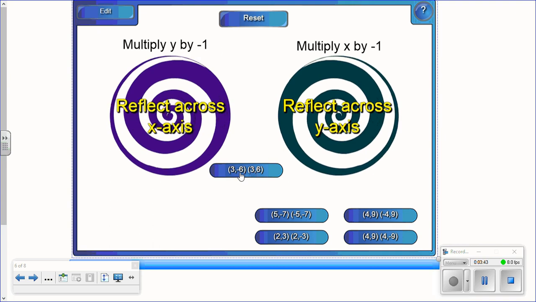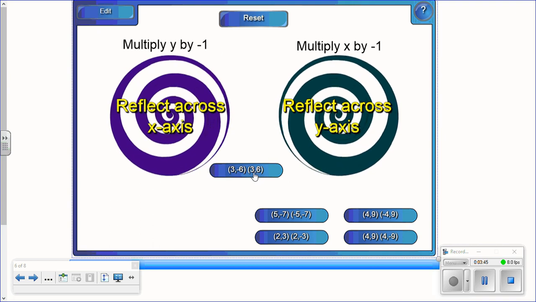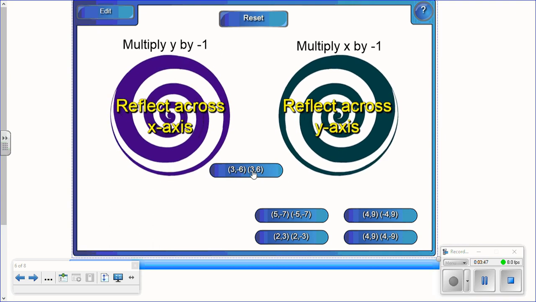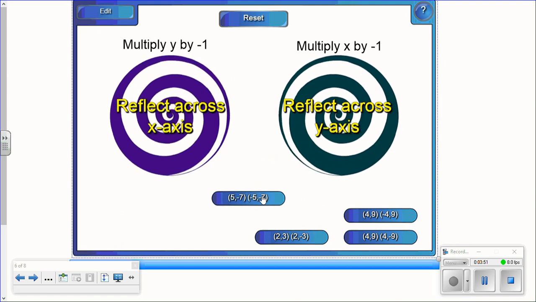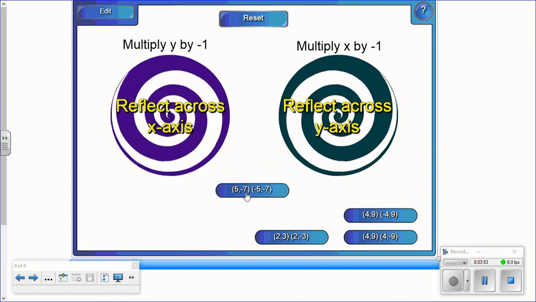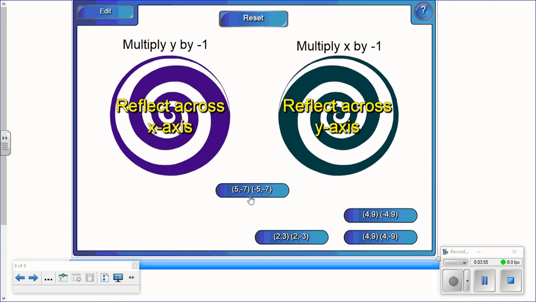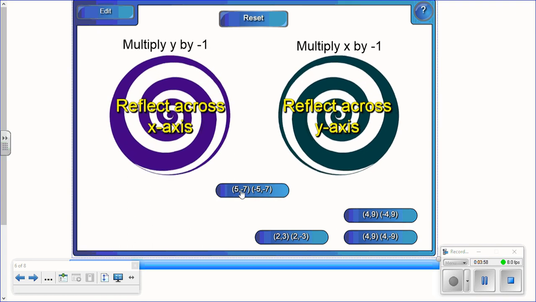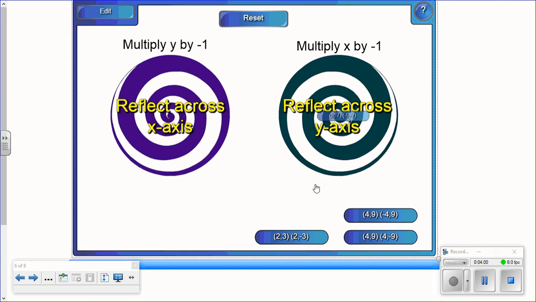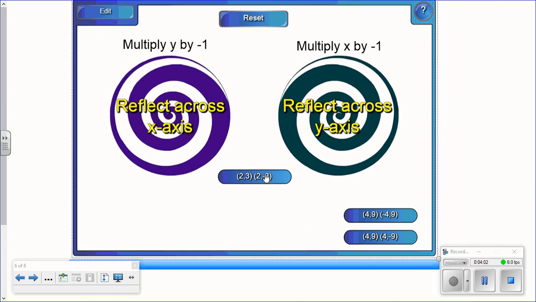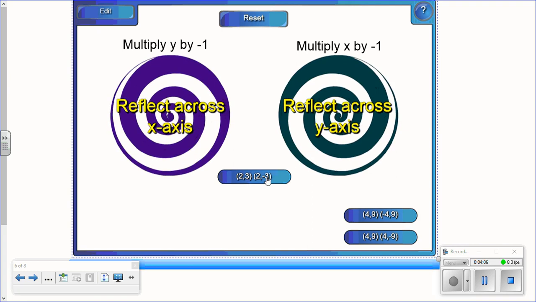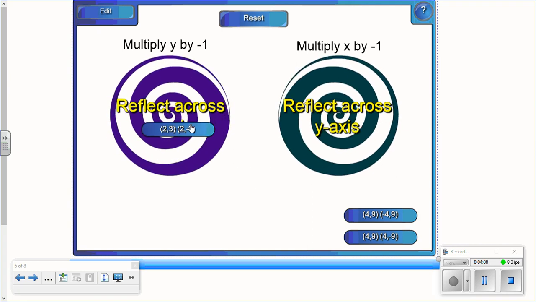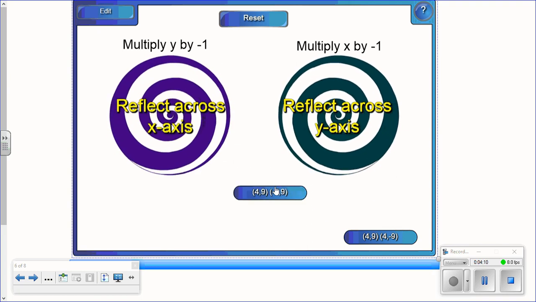Goes from 3, -6 to 3, 6. That means the y was multiplied by -1, so it's a reflection over the x. This one's going from 5, -7 to -5, -7. It's the x that was multiplied by -1, so it's a reflection across the y. 2, 3 goes to 2, -3, so it's the y that's multiplied by -1, reflection over the x.